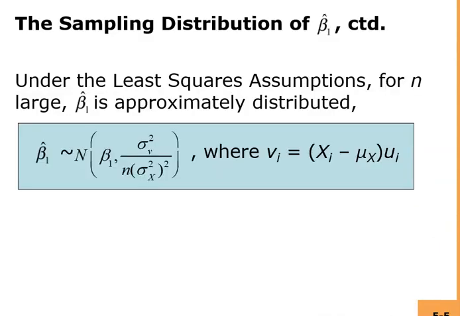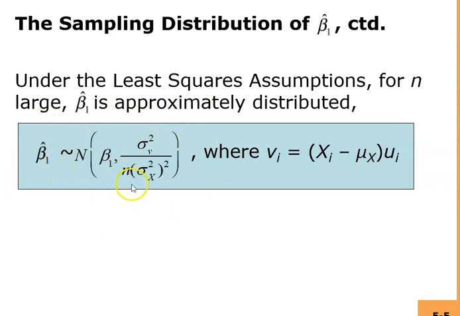Alright, so sampling distribution of beta 1 hat. Under the least squares assumptions, when n is large, when the sample is large, beta 1 hat is approximately distributed like this.